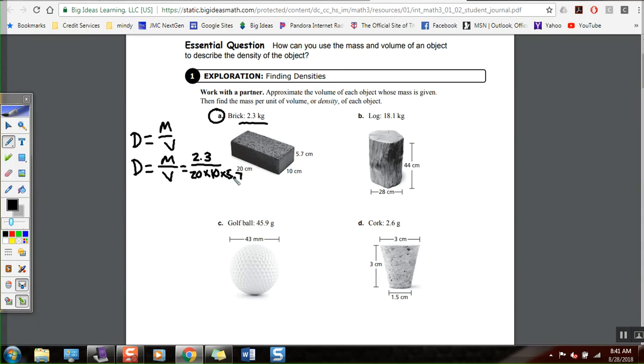Now listen carefully on this, kids. When you do densities, it is very, very important that if you're looking at an object or a figure, all of your dimensions are measured with the same unit. In other words, if I have centimeters here and centimeters here and centimeters here for length, width, and height, that's a good thing. Are these all listed in the same unit here, here, and here?